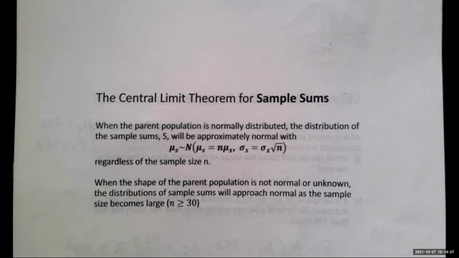So now the central limit theorem for sample sums states that when the parent population is normally distributed, the distribution of sample sums, denoted by S, will be approximately normal with the mean of that normal distribution equal to n times the mean of the population, where n is the sample size, and the standard deviation of that distribution can be calculated by multiplying the standard deviation of the population by the square root of the sample size.